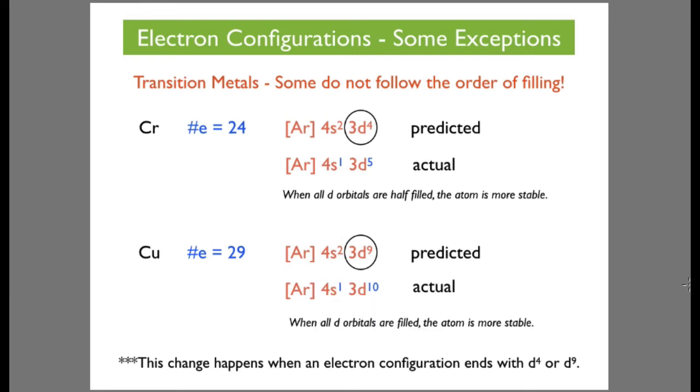When all d orbitals are filled, the atom is more stable, and that's why it happens. This change happens when the electron configuration ends with d4 or d9, sorry. So make sure you're looking out for that. And don't you worry about this either, these square bracket things. I will tell you all about that in a bit.